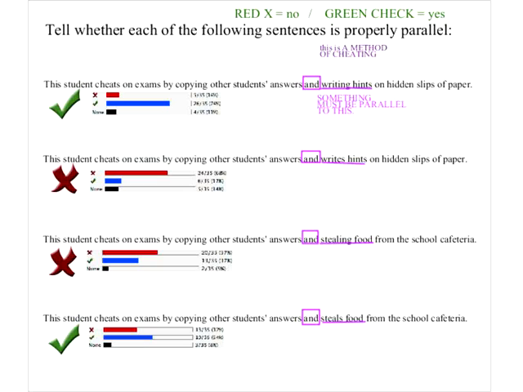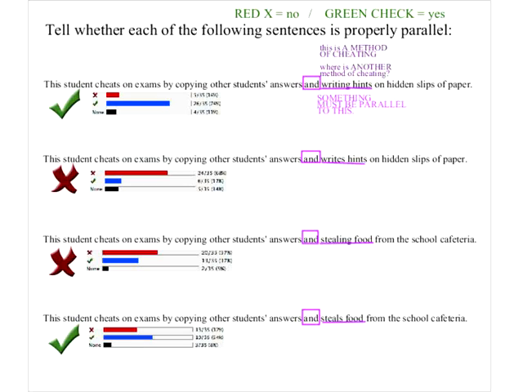So where is another method of cheating? So what in this sentence is another method of cheating? Text box. Copying other students' answers.